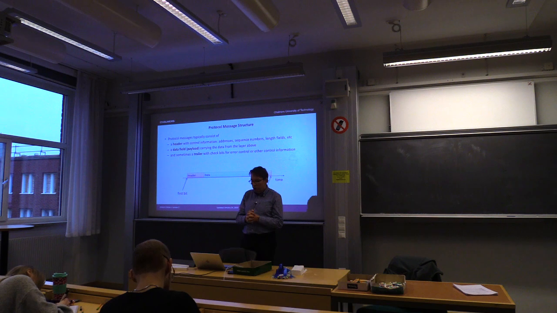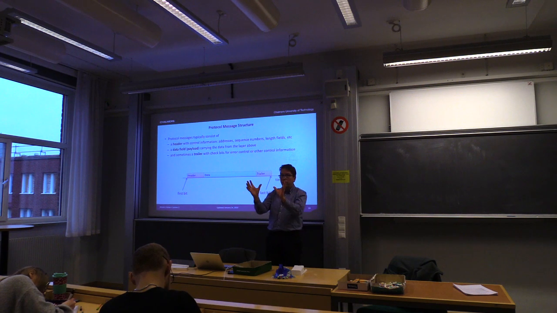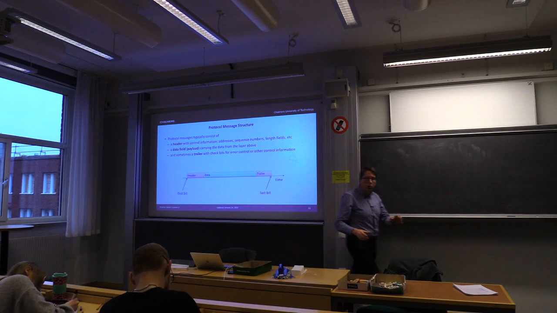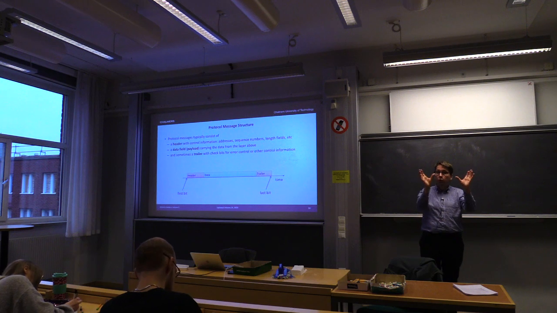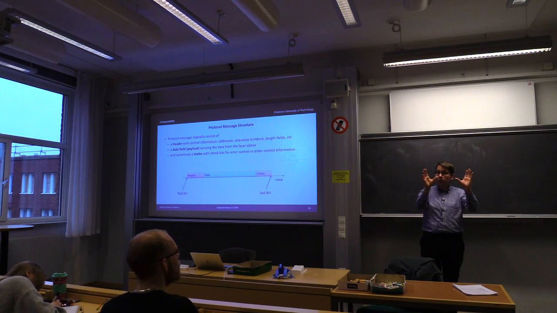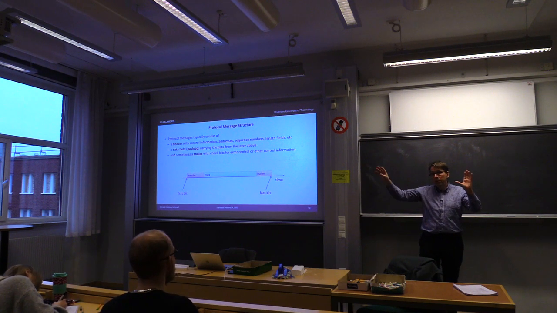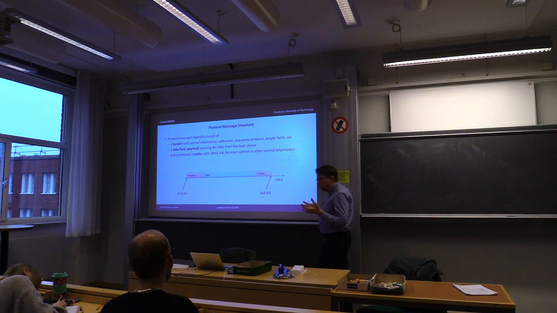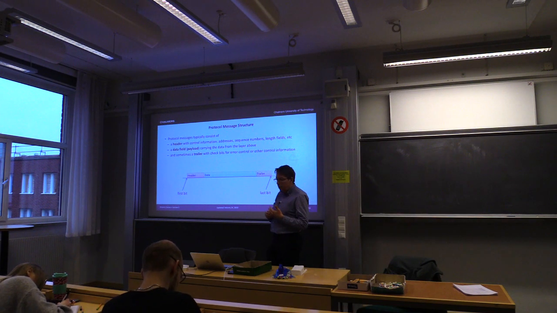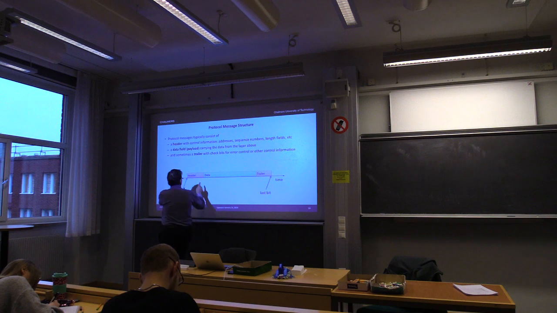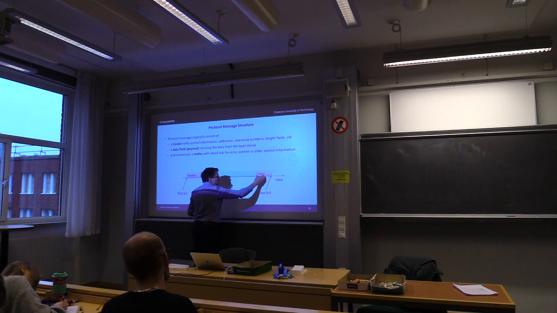Protocol message structure now. So a protocol message, remember a protocol message goes from one protocol entity at one node to the corresponding layer and the corresponding protocol entity at another node. These interchange messages. These messages are typically consisting of a header, data, and sometimes a trailer.